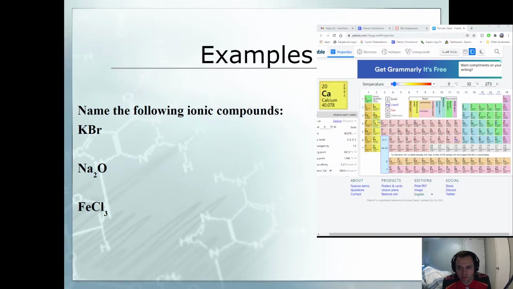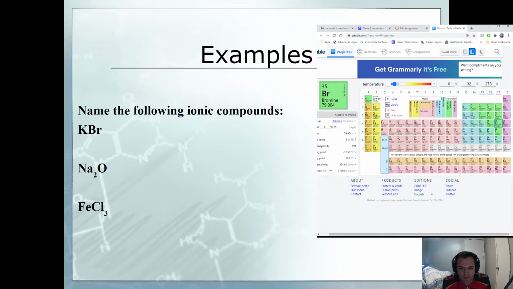Okay, I actually brought up the periodic table here. So we can see that K, if we hover over it here, the name of that is potassium. And Br over here is bromine. So if we're looking at naming this compound, well, we know that K is in this first column, so it's not a transition metal.